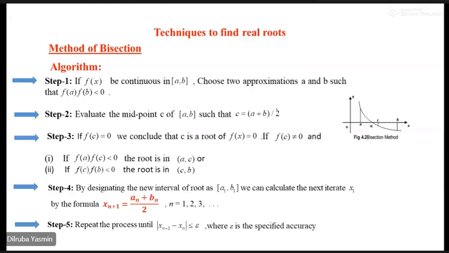Yes, you can predict or define the real root by using the bisection method. So this is the algorithm of the bisection method. You already know the process to predict the region or interval of the real root, isn't it? Suppose a comma b is the interval or region of the real root.